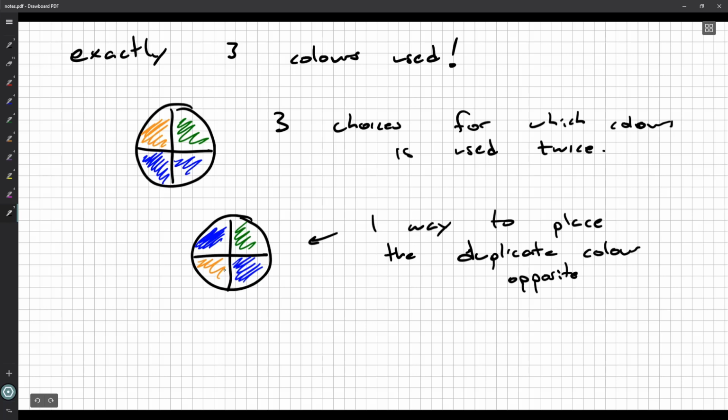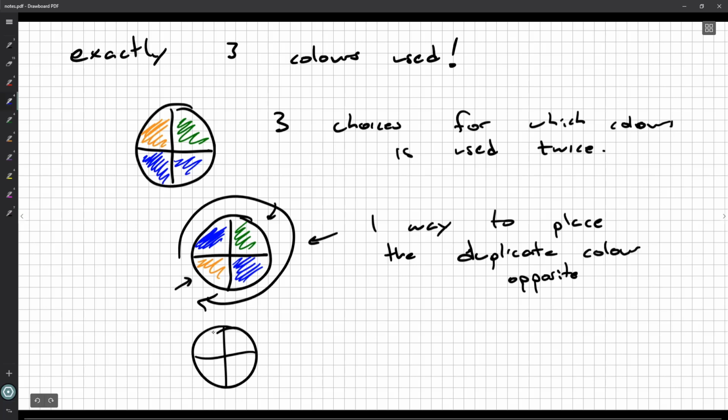Sort of diagonal-wise. Okay. And then it doesn't really matter which one's green and which one's orange, because if I were to rotate the whole thing, I would get the same picture, the same way of splitting things up.